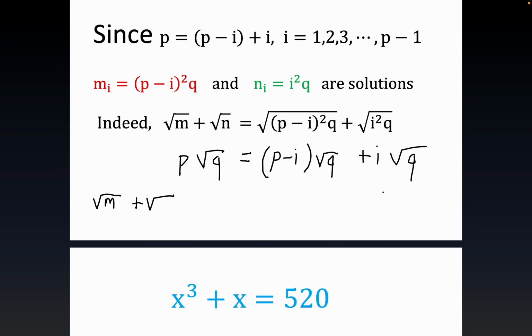This statement right here proves that there are P minus 1 solutions. And I'm going to just find one solution for a concrete example. Okay, so there are P minus 1 solutions, positive integer ordered pairs.